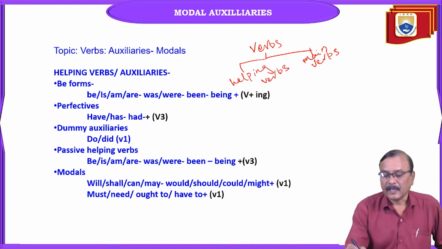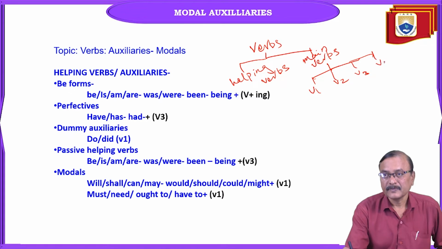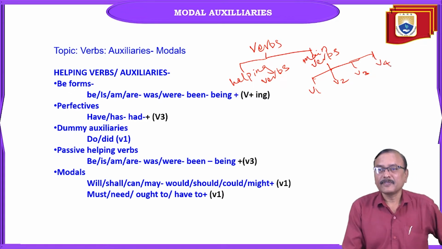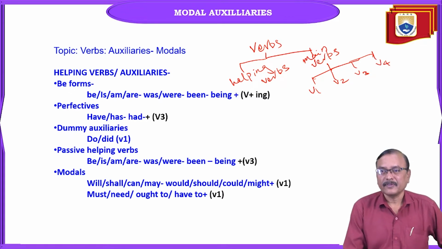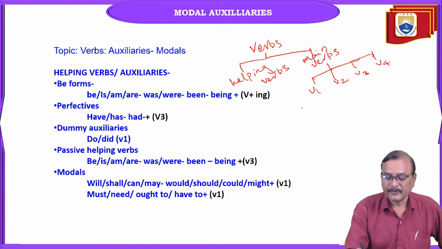Again, in main verbs there are different forms of main verbs, that is V1 form, V2 form, V3 form, V4 form. For our convention, we use V1, V2, V3, V4. V1 is nothing but the base form, the present form.